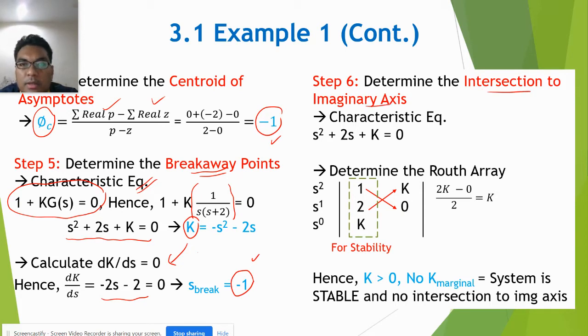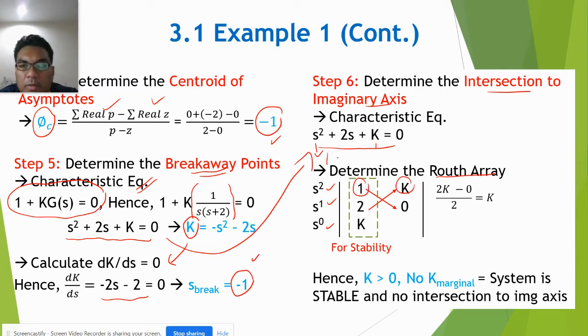Okay, so step number 6 is to determine the intersection with the imaginary axis. You use the same characteristic equation that you determined before. Then, the second step, you determine the Routh array. You arrange it by order: s2, s1 and s0. For s2 you have the value of 1 here, then skip the next one, which is k, so you have 1 and k.